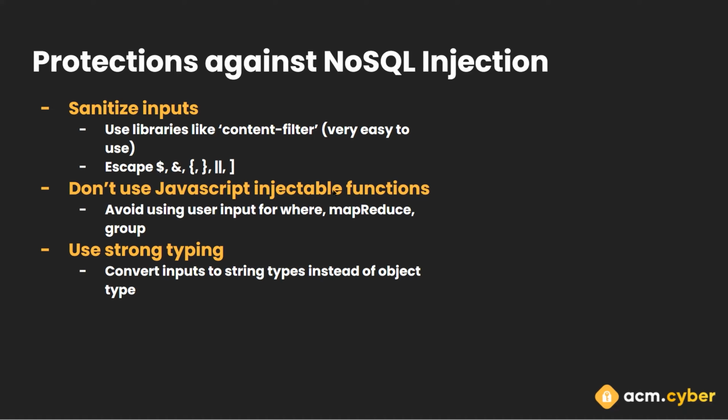Essentially, it would be similar to how the form in the demo was forcing the username and password parameters to be a string. That doesn't necessarily prevent all injection, but preventing a user from passing, for example, an object that can run JavaScript within that context should probably be prevented.